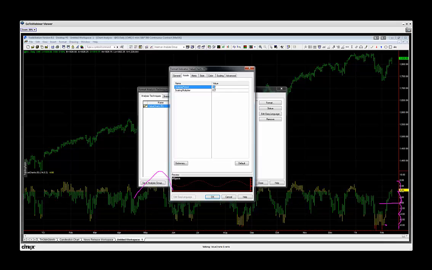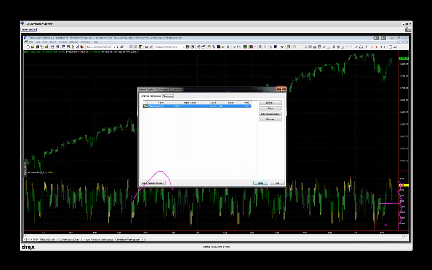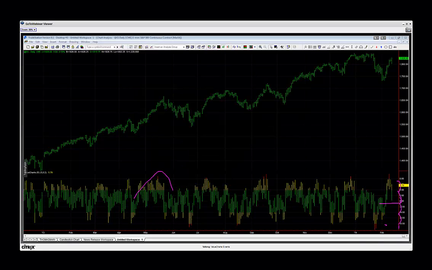Value charts are designed to work really well between a 5 and a 50 bar analysis period. I typically use a 5 bar analysis period, and what that does is it makes your value charts much more reactive. You're going to get overvalued and undervalued much quicker than if you were using a longer analysis period.